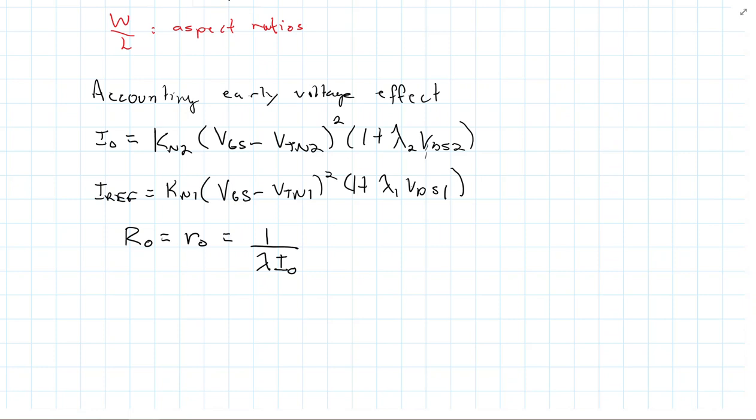Okay, so the next thing we need to look at is how do we actually get that reference current? So how do we get IREF? Now, remember, for a bipolar, we used a resistor.